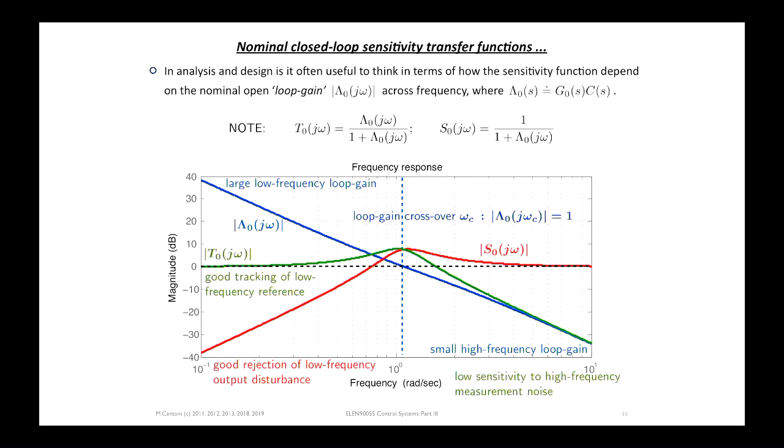Getting this bit right is easy. Getting this bit right is hard. And so a lot of the tools that we'll develop later on focus on what's happening around here. But it's going to take us a little bit to get there. So this will lead us eventually to a very well-known technique for designing feedback compensators called loop shaping. But all we're doing here is translating requirements on these into requirements on lambda.